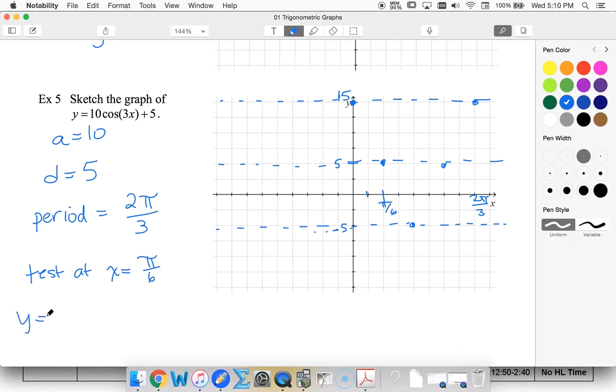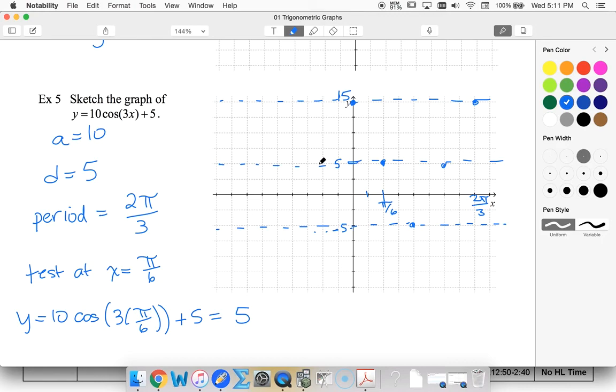So y equals 10 cos of 3 times pi over 6 plus 5. Well, 3 times pi over 6 is pi over 2. Cosine of pi over 2 is 0. 0 plus 5 equals 5. So that makes sense.